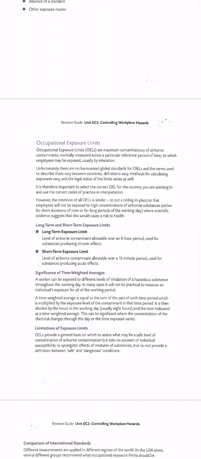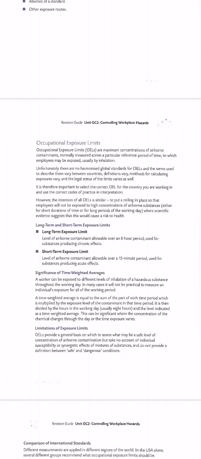Definitions vary, methods for calculating exposure vary, and the legal status of these limits varies. That is, the legislation also limits, right? Sometimes you're talking about insurance, you know. It is therefore important to select the correct OEL for the country you are working in, and use the correct code of practice to interpret it.